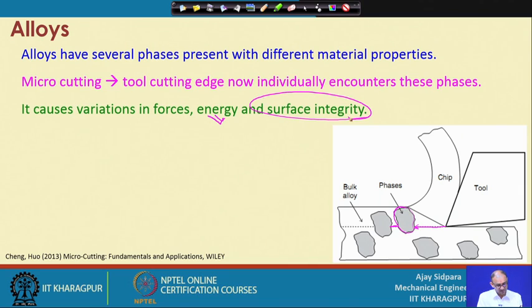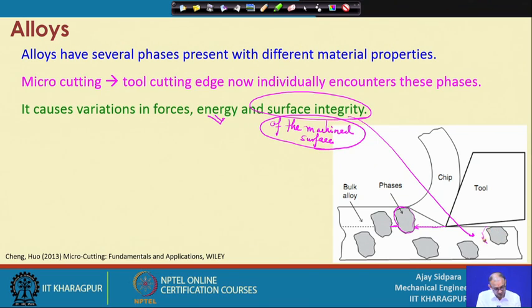The surface integrity term is connected with the integrity of the machined surface, because what we are getting here is important. Sometimes you can see here that this particular grain is mostly located inside the workpiece, so there is a high chance that this much part is removed by the cutting tool.